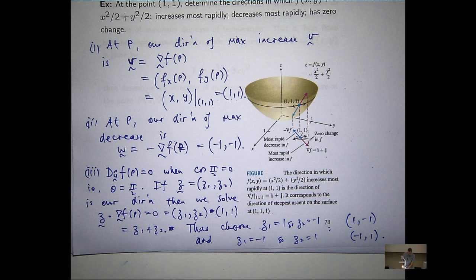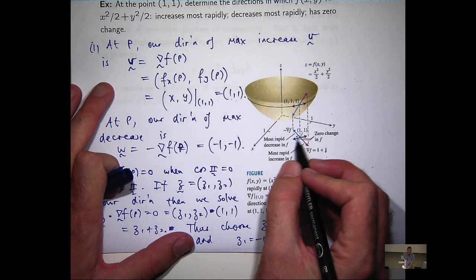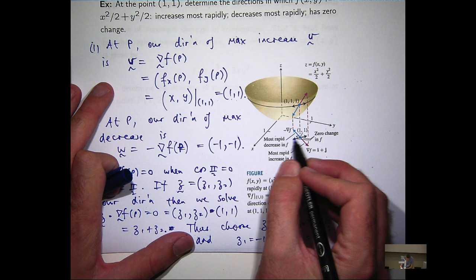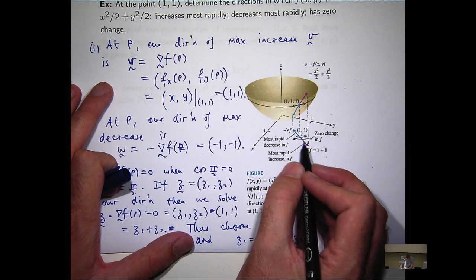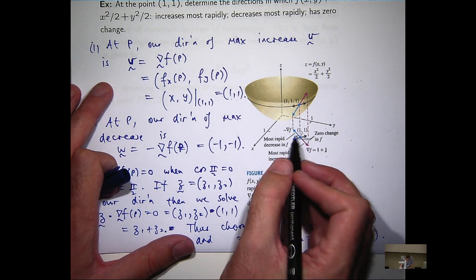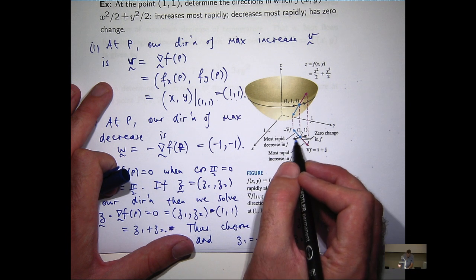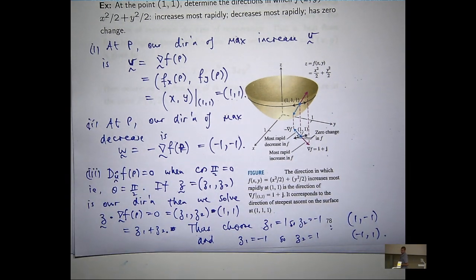You can see those two vectors here and here. There's the vector we calculated first, there's the second vector, and these are the two vectors we calculated in the third case. So they're pretty standard questions. Obviously the third one's a little bit more difficult than the other two. The other two are really pretty easy.